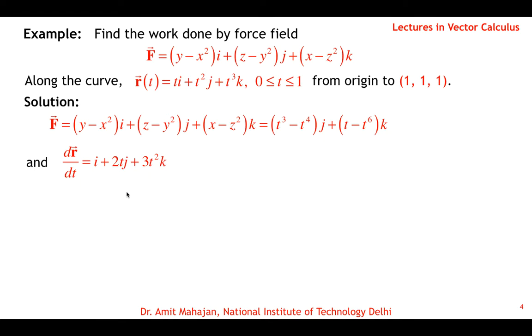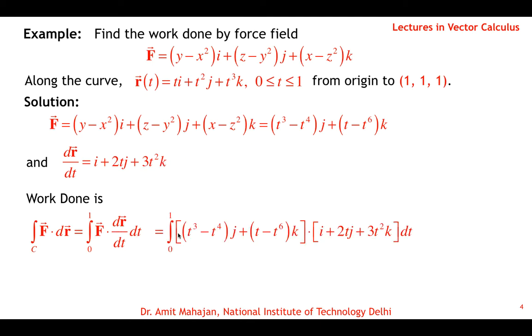So we can calculate the line integral over C of F dot dr as the integral of F dot dr/dt, where t varies from 0 to 1. Vector field F is known, dr/dt is known, so we take their dot product, the scalar product. There is no component of i here, so the i component dot product will be 0, because the i coefficient is 0. Then 2tj times this dot product: 2t times (t cubed minus t^4), plus 3t squared times this. The dot product is a scalar quantity.